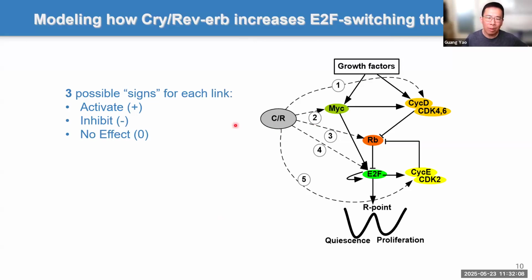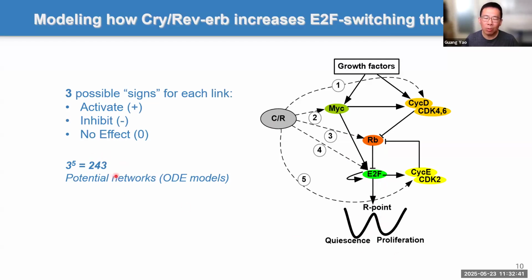So for each link you have 3 possibilities, and in total we have 3 to the power of 5, which is 243 possible topologies, without thinking about parameter values, to link Cry and RIV-ERB activity to regulation of this RB-E2F switching behavior.